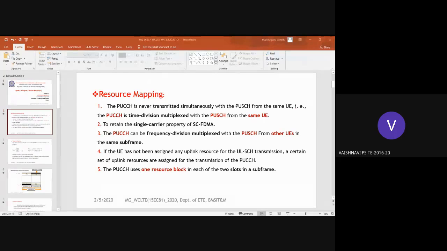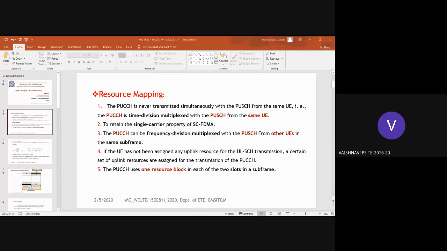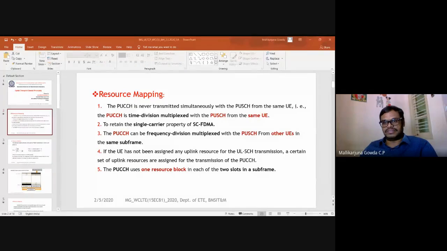Resource mapping, yes, I told about the resource mapping. Then I discussed the reference signals in the uplink. I said there are two reference signals: one is the demodulation reference signal, and the second is the sounding reference signal.